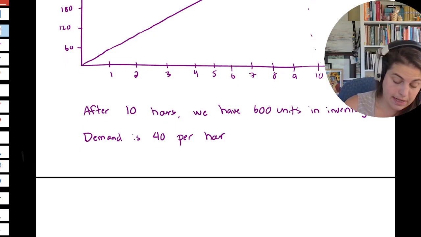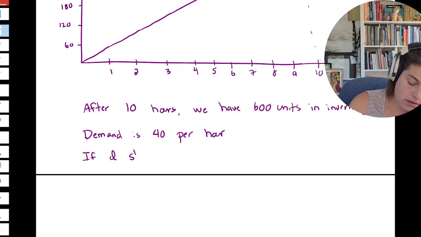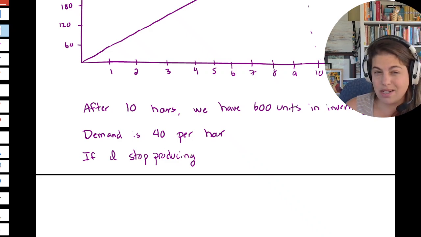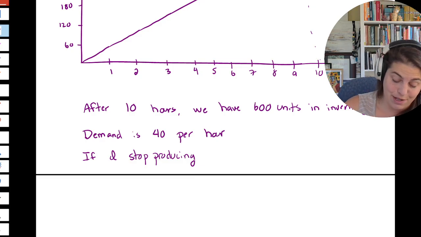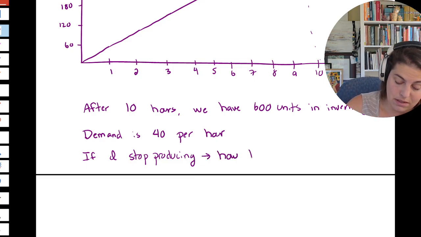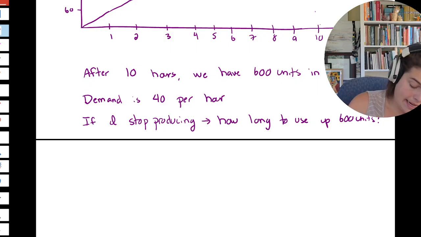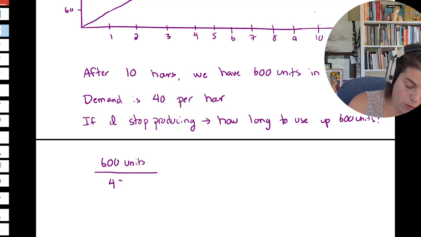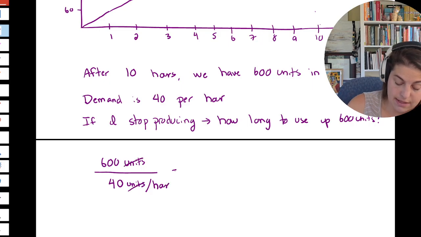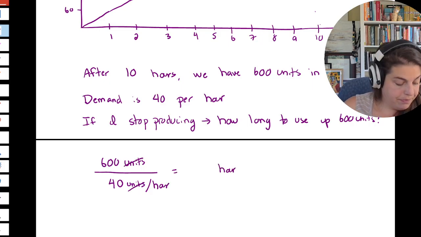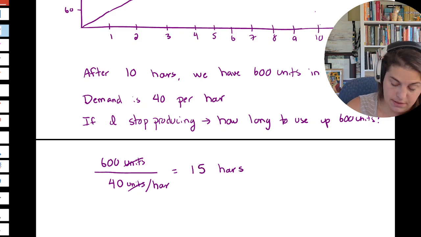So if I stop producing, how long is it going to take me to use up those 600 units? Well, I can take 600 units and I could divide by my demand, which is 40 units per hour. Units and units are going to cancel out. Hour is going to end up on top, and I'm going to end up with 15 hours.